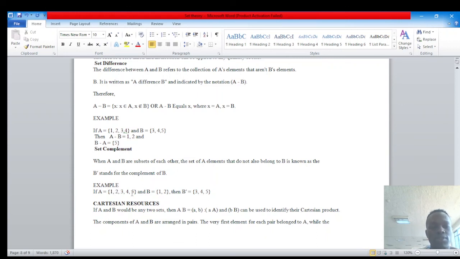Set A is 1, 2, 3, 4, 5. Set B is 1, 2. Then the complement will be what's not in B but is present in A. So what is not in B? 1, 2 is in B. 3, 4, 5 is not in B. So that's the complement set.